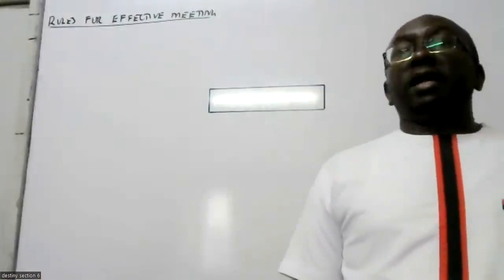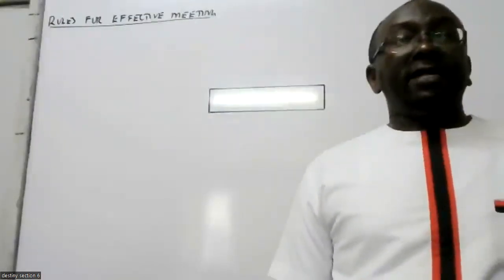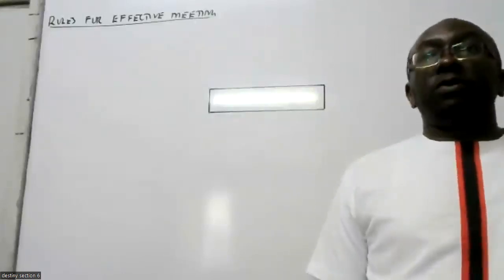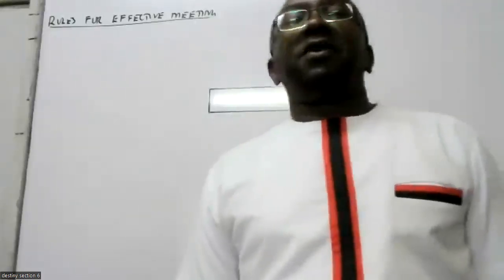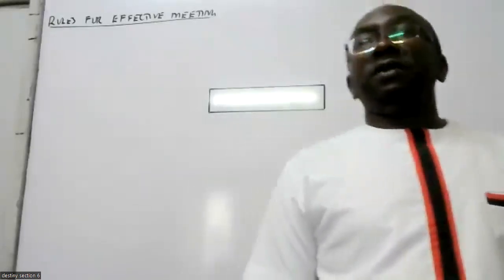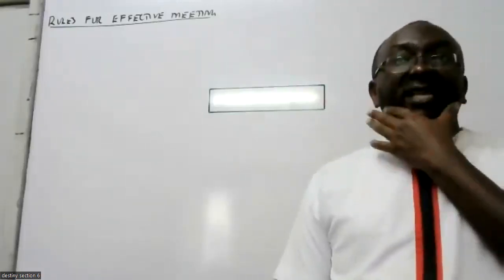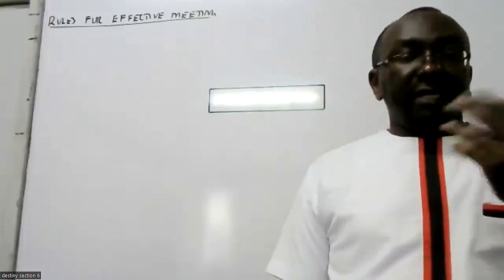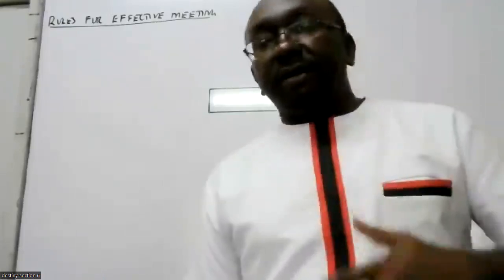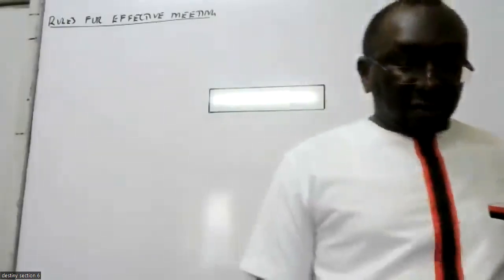That's what we call an academic conference. It's a conference of academicians, people who are trained in one field. For example, we could have an academic conference for accountants, or for doctors, or for engineers. So these guys, maybe they have been engaging in a study and they want to come and present the results so that the others can listen to the results and criticize and finally adopt the results.